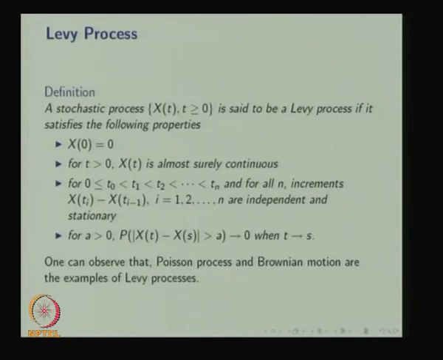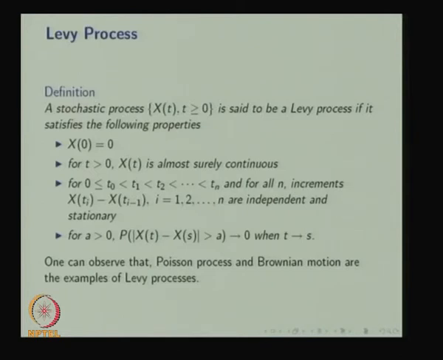So if these four properties are satisfied by any stochastic process, then that stochastic process is said to be a Levy process. Any stochastic process satisfying these four properties will be called a Levy process.